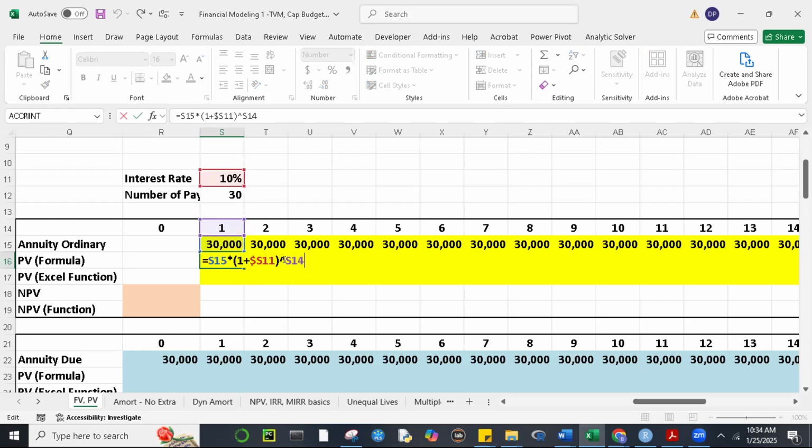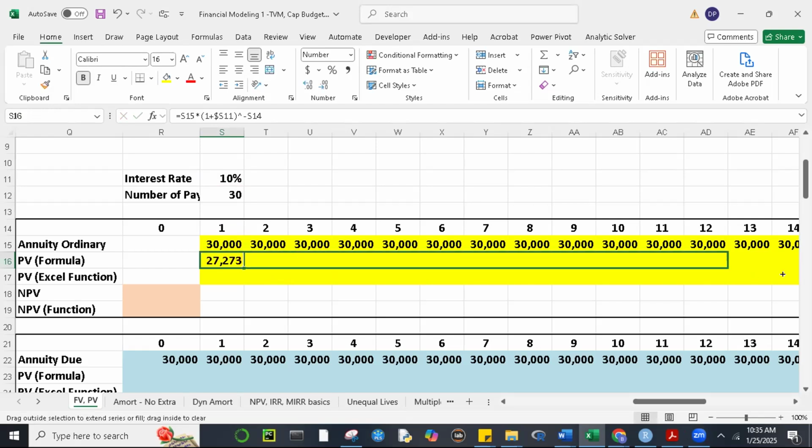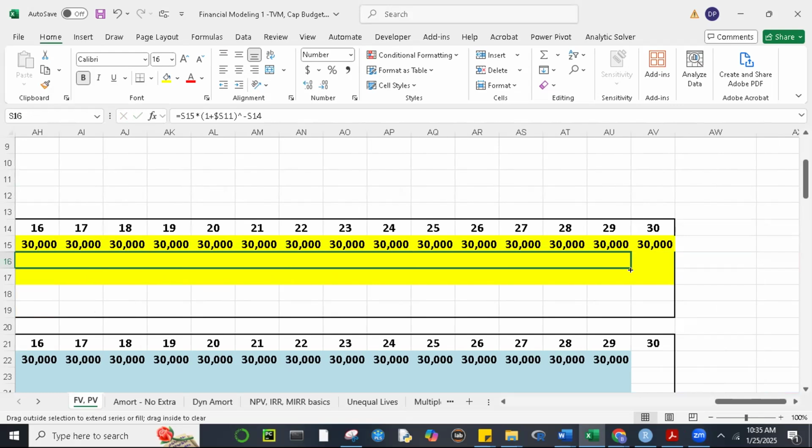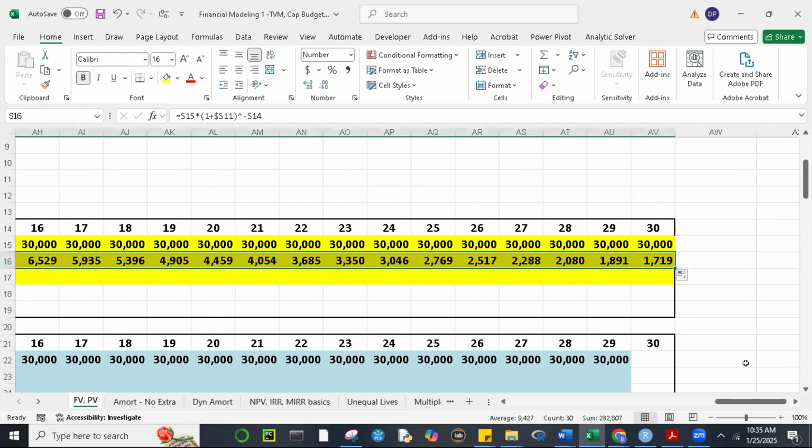F2. So I forgot here the negative sign. It should be negative T. It's a discount factor. 1 plus R raised to the negative T. Control Enter. There you go. And we can just copy this to the right. Okay, there.